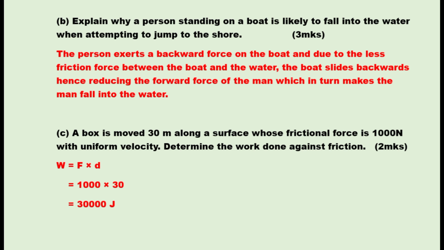It's important to note, if a body is moving with uniform velocity, then it means the force you are applying is used to overcome friction. In other words, the forward force is the one you are applying, the backward force is friction, and they are equal.